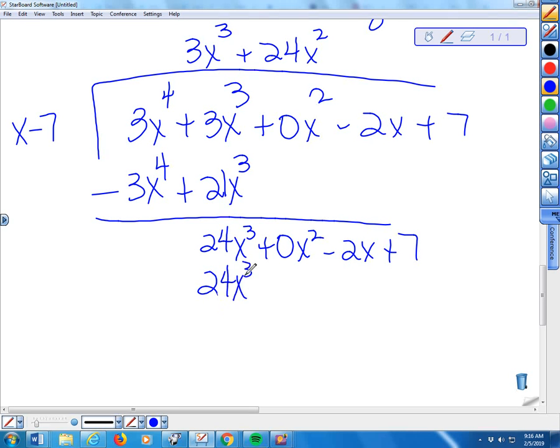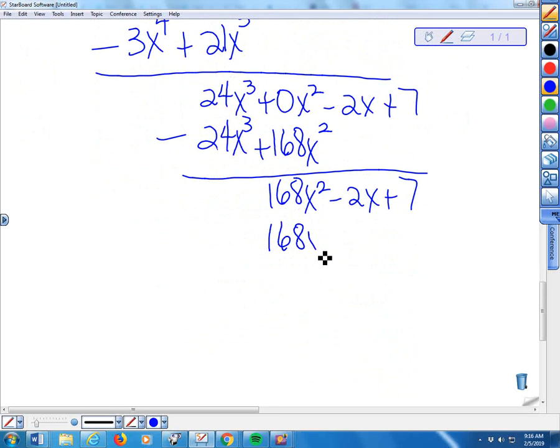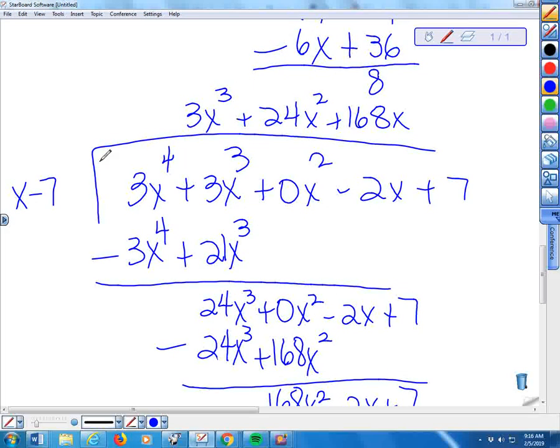Minus, what's 24 times 7? 168. Flip your sign. Okay, x goes into 168x squared, 168x times. I made this one up, so my numbers are getting really big. This is 168x squared, and then I have 7 times 168, minus 1176.